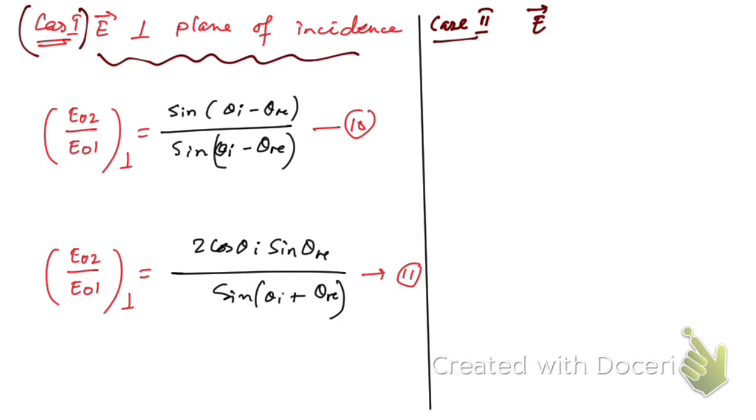Okay, when the E vector is parallel to the plane of incidence, what are the equations we have got?